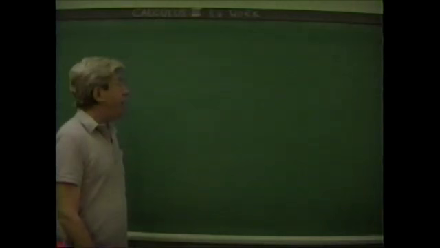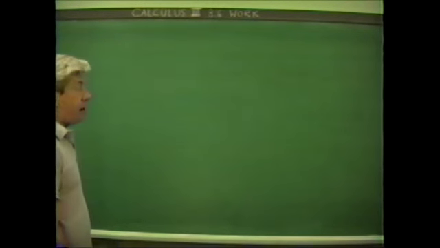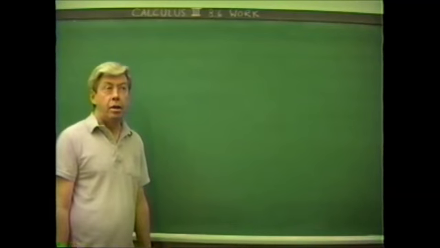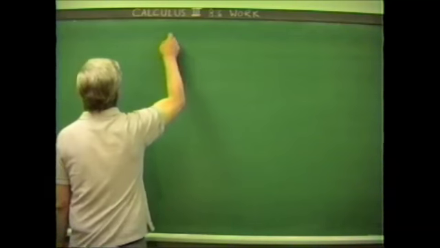We want to take a look now at the use of the line integral, and one such use is in computing the work done when a particle is moved through a force field.